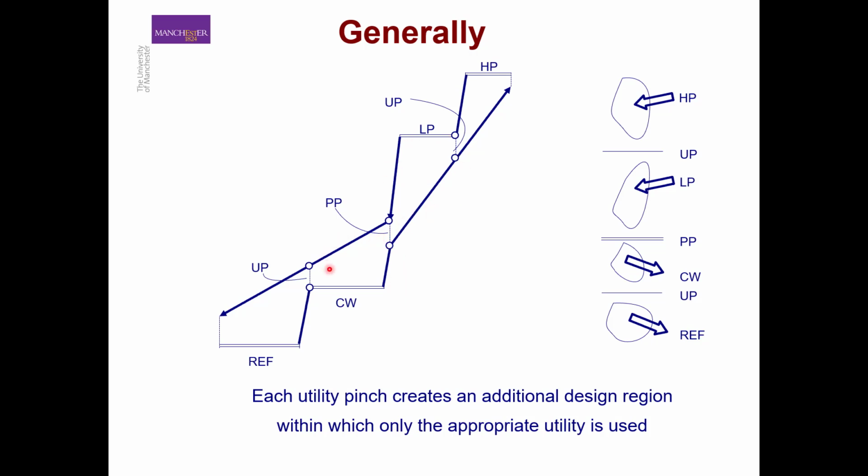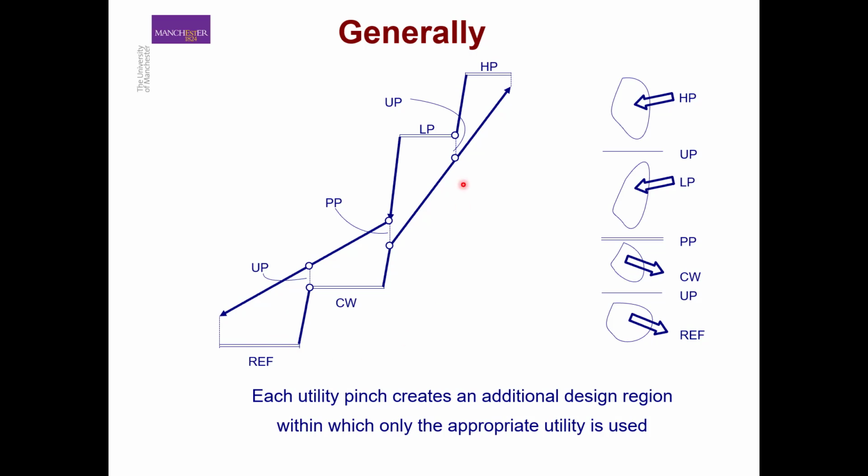Then we have another region below the process pinch and above the second utility pinch where we are using cooling water as utility, and only in this region. And then we have the final design region where we are using refrigeration as the cold utility, and only in this region.